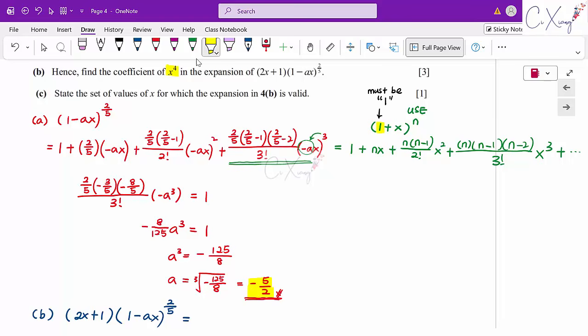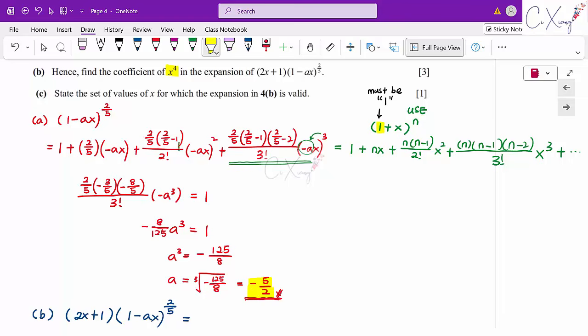Alright, so basically, you can expand everything if you want. But for me, because I want to save a little bit of time, I just want to focus on what I want. When I expand this particular expansion here, I'm having 1, then plus nx with x power 1. This one is x power 2. This one is x power 3. Like what I told you just now, we are having x power 4, x power 5, and so on.